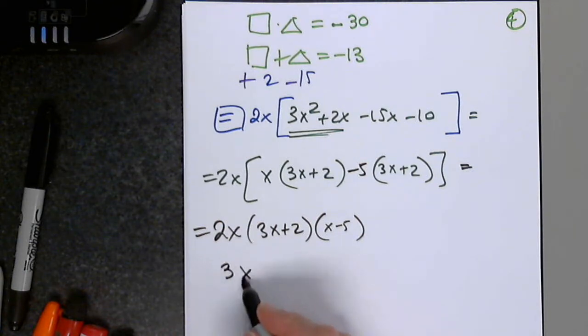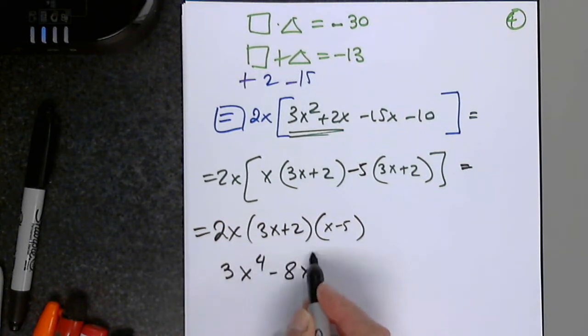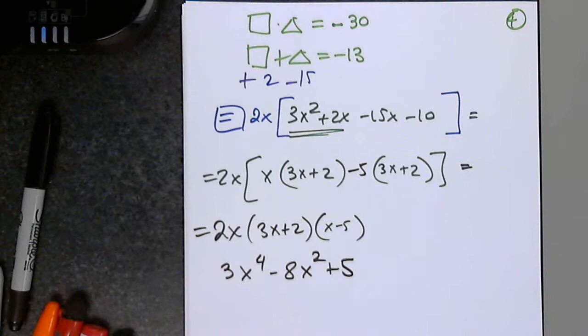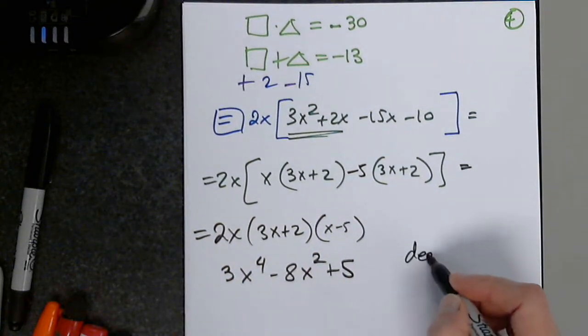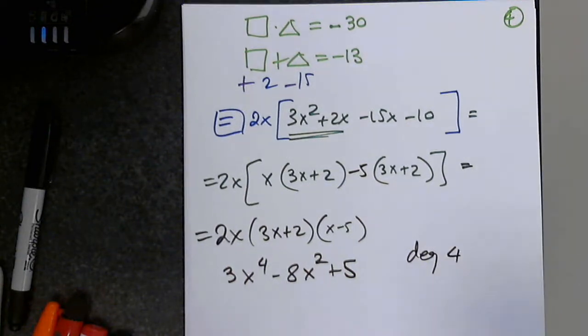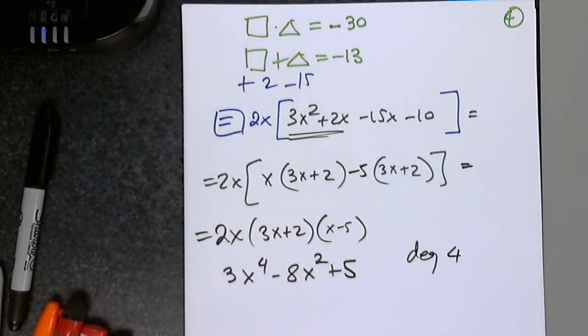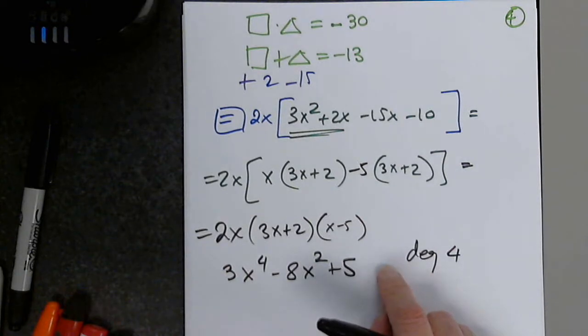This is more difficult. Not because the degree is 4. How many factors should I come up with? Exactly. And if this were an equation, it's not.